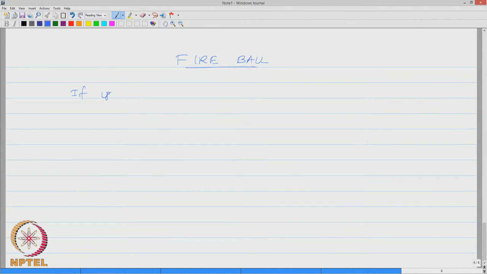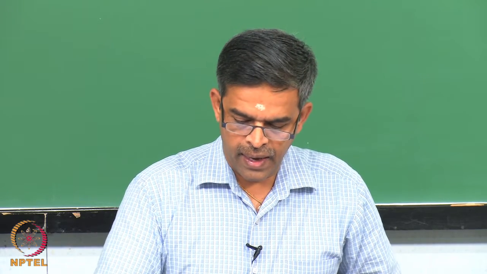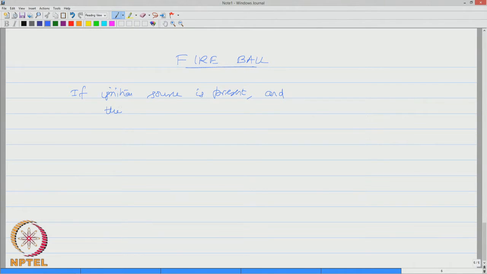Friends, if an ignition source is present, which is very much true in oil and gas production platforms, and the vessel is in contact with the ignition source, then the consequence is more catastrophic.